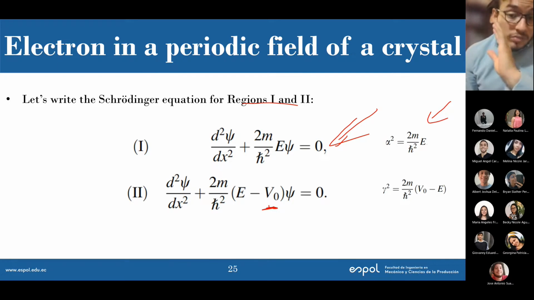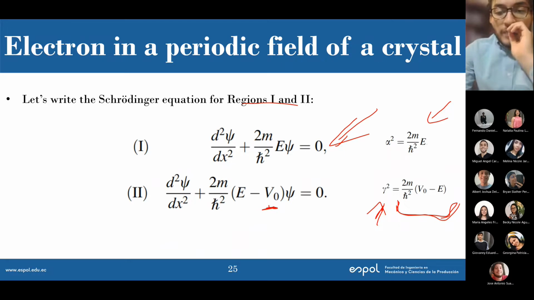And I'm just going to use gamma to call this constant, for now. And remember, B naught is larger than E. That's the assumption they made, and that's actually the case. B naught is greater than the energy of the electron.